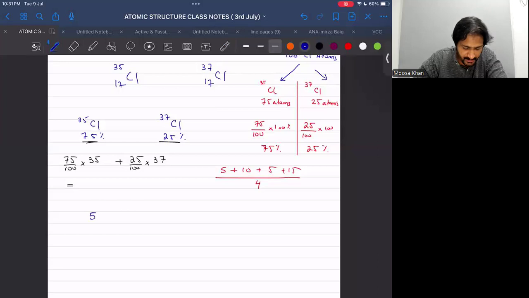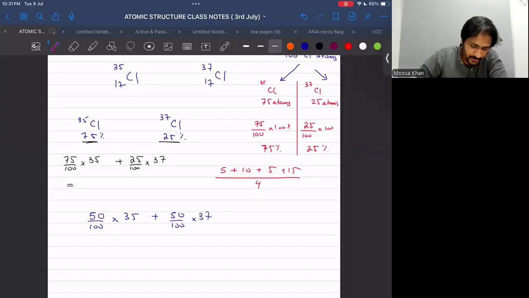मतलब अगर ये 50-50% होता तो 50/100 इंटू 35 एंड 50/100 इंटू 37, अगर हम इस तरह से करते तो ये हो जाता 1/2 इंटू 35 प्लस again 1/2 into 37.